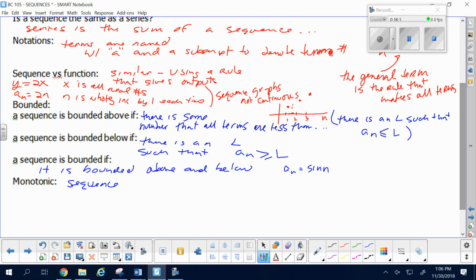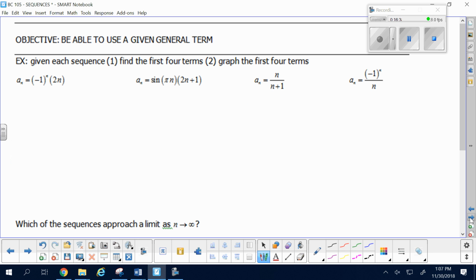So monotonic means one sign, but it really means the sequence is always increasing or decreasing. It doesn't mean the terms are always one sign. All right. You follow?